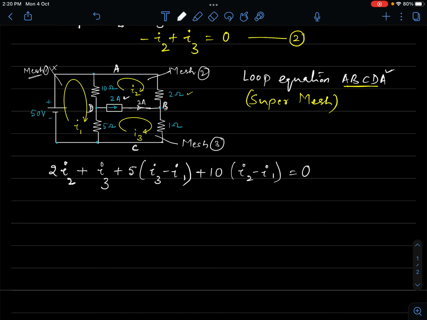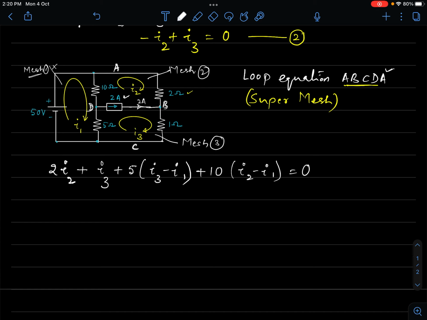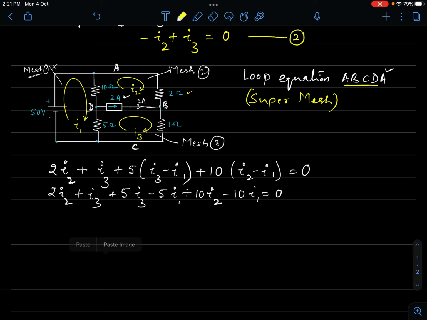We will try to club the terms and see what we get. I'll expand first, then group. 2I2 plus I3, plus 5I3 minus 5I1, plus 10I2 minus 10I1 equal to 0. We group the I1 terms: minus 5I1 minus 10I1, a child will say it is minus 15I1.